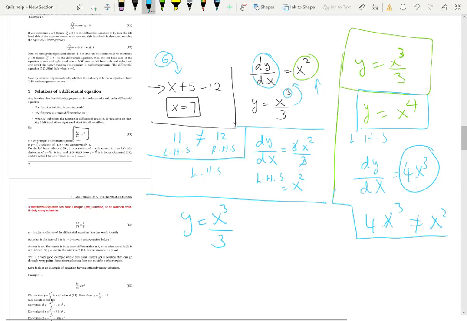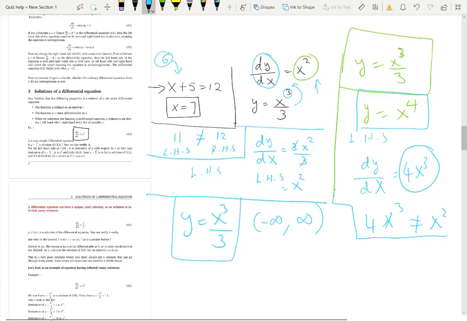Now you have to give an interval for x, the valid x values you can take for this function. Your function should be continuous on an interval I that you propose. So I propose the interval for x values is negative infinity to infinity.